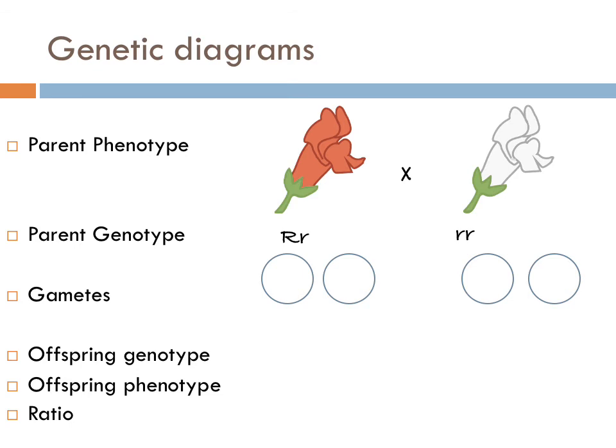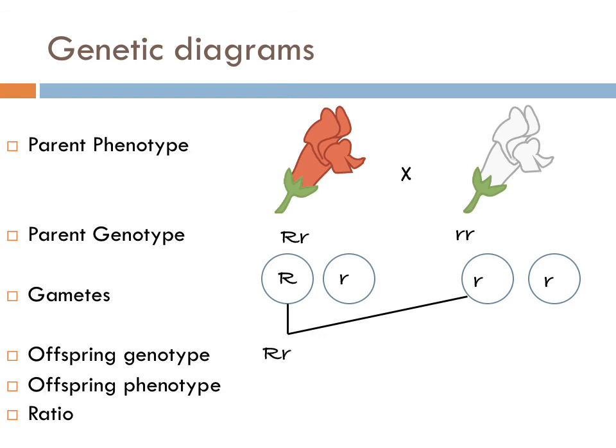The gametes, again, we split them up. So the capital R goes in one circle, the small r goes into another circle. And with the white flower, the same idea. One small r into one circle and another small r into the other circle. And then let's see what would happen if this capital R fertilizes this small r. What offspring genotype will we have?